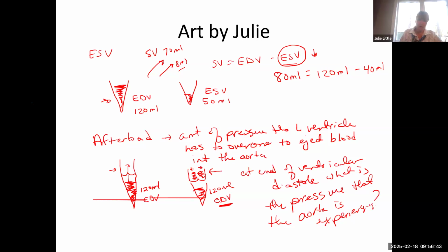Okay, so we're at rest. Our ventricle's at rest. We're not doing anything. But there is blood up in the aorta and it's pressing on the walls. How much pressure is that?